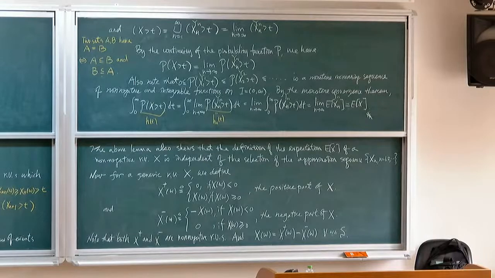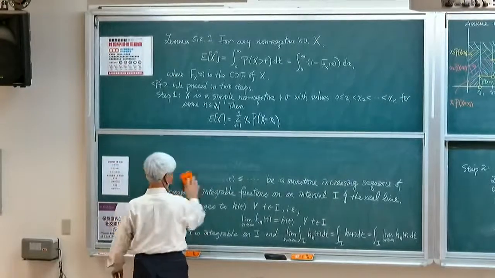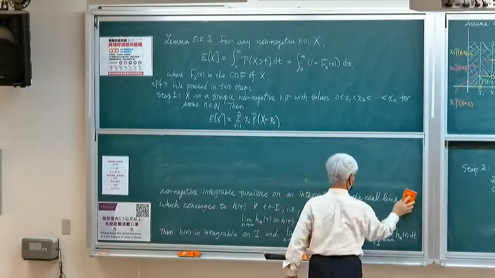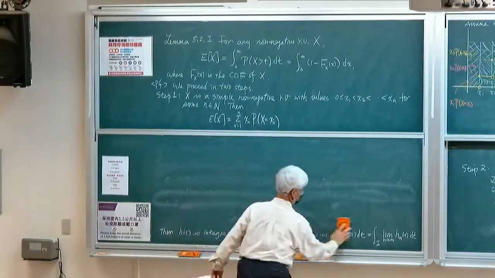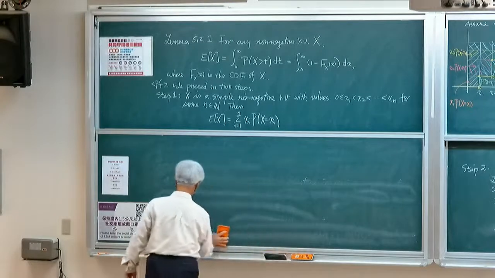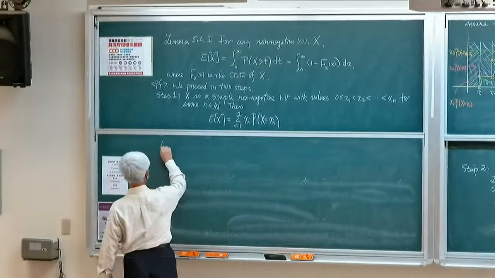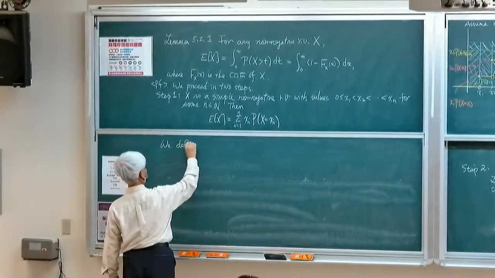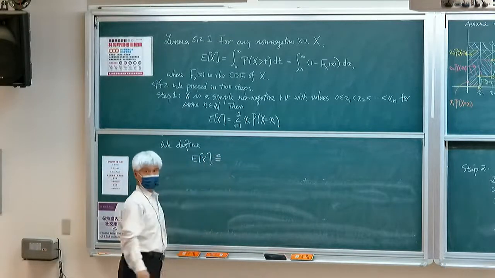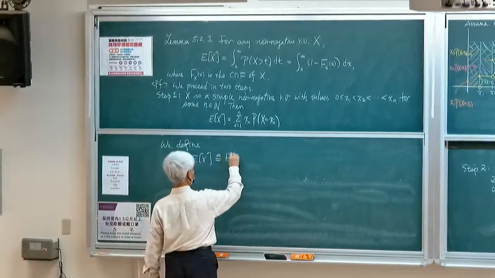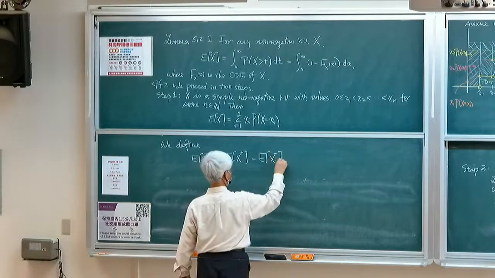Now, the positive part and negative part are both non-negative random variables. Now we define the expectation of X. By definition, it is the expectation of the positive part minus the expectation of the negative part.